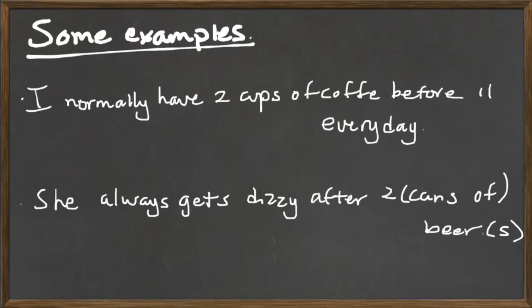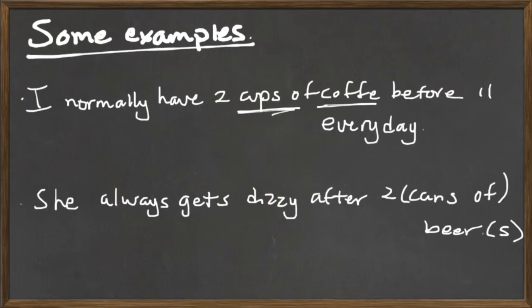Okay, we have some examples here. Number 1, I normally have 2 cups of coffee before 11 every day. Here we have the container, and if you remember, in the previous video we mentioned uncountable nouns, so coffee is uncountable, so we need a container to count it: 2 cups of coffee. The next one, she always gets dizzy after 2 cans of beer.